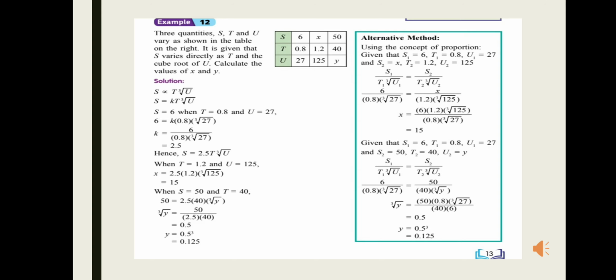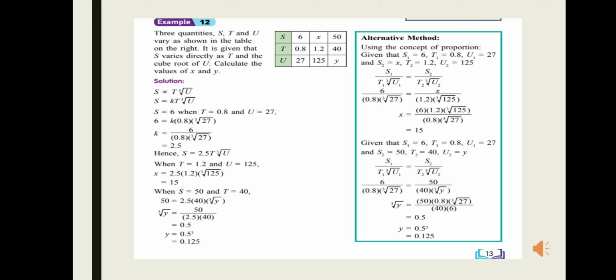Then, write the math equation as S = k T∛U. Substitute the values of S, T, and U. You may find that the value of k is 2.5. So S = 2.5 T∛U.